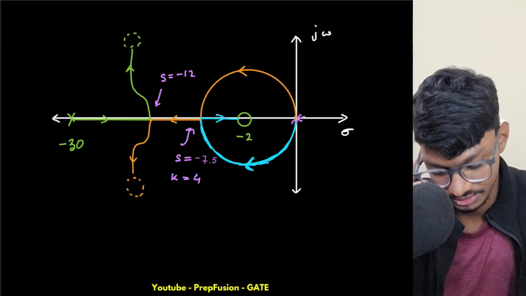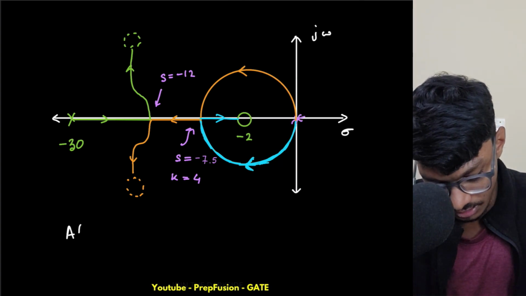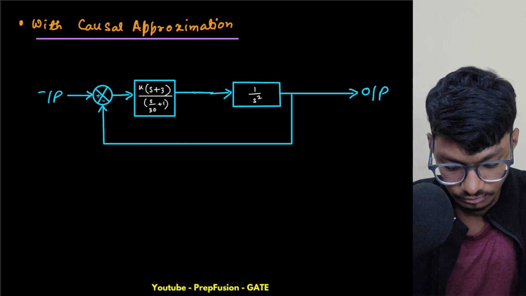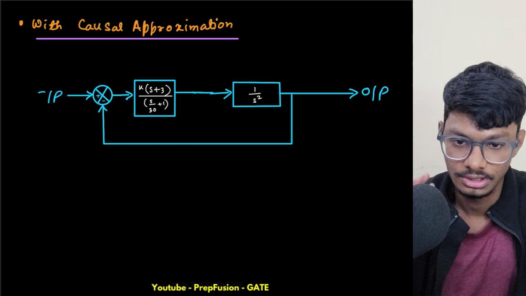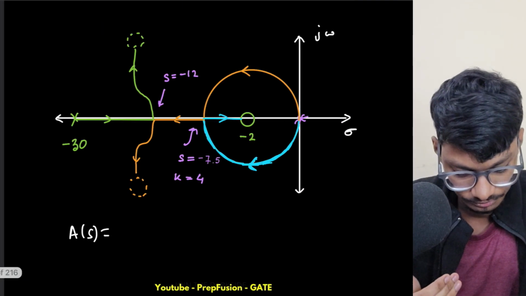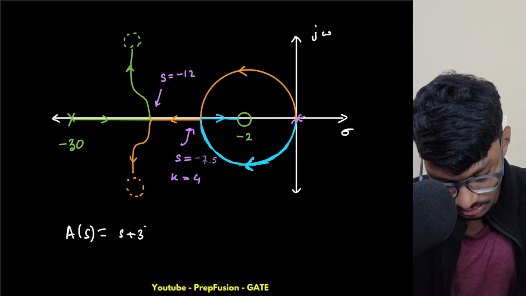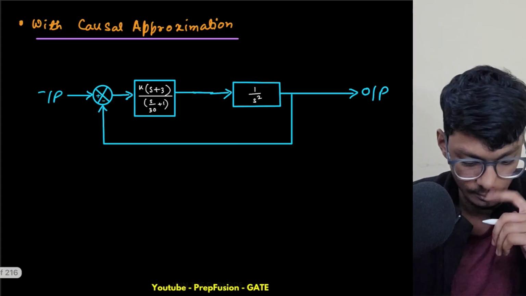You write A of s equals this numerator, s plus 3, and your B of s will be this denominator. A of s upon B of s, 1 plus A of s upon B of s.